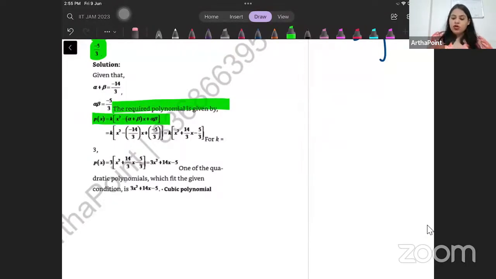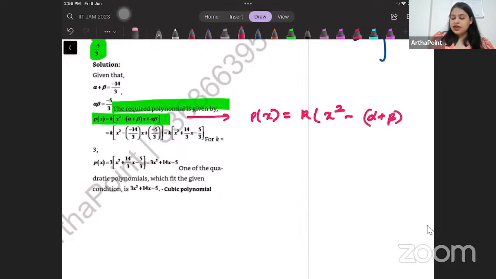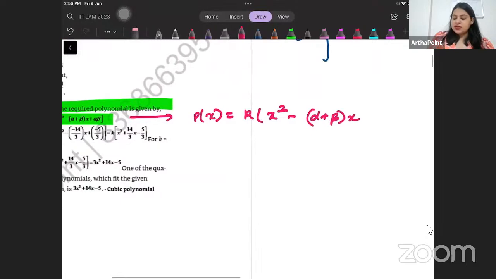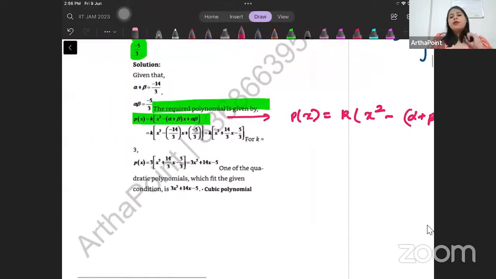Any polynomial can be written in the form of p(x) is equal to k times x square minus (alpha plus beta) x plus alpha into beta. Whenever you get such a question, you have to say any polynomial can be written in this format. Any polynomial.